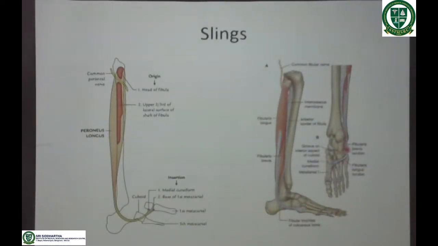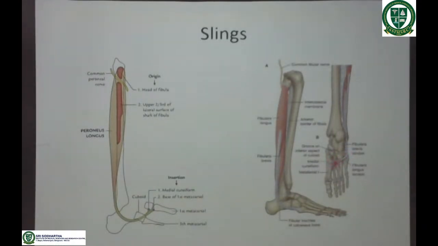Now in this figure you are seeing this is the peroneus longus or fibularis longus tendon, and here it inserts. This is the first metatarsal. Here this is towards the navicular bone.